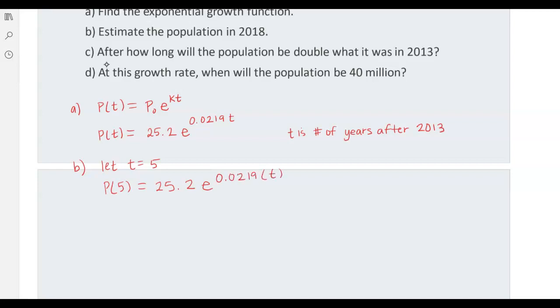And then we'll just plug this into a calculator, and we get about 28.1 million.